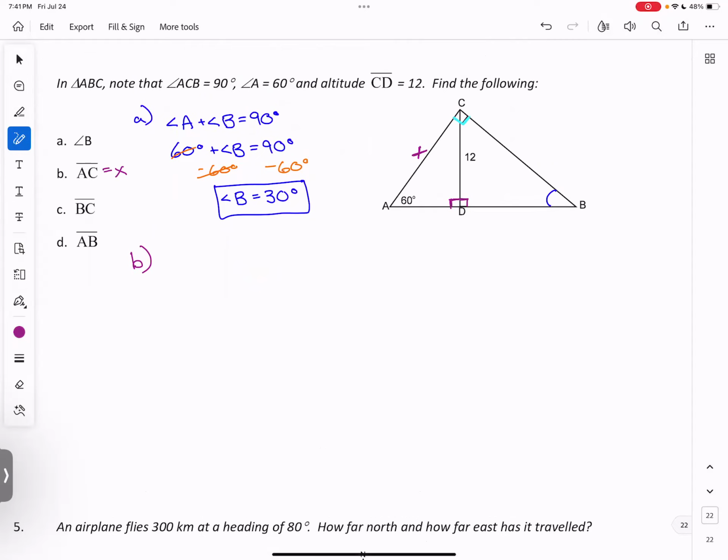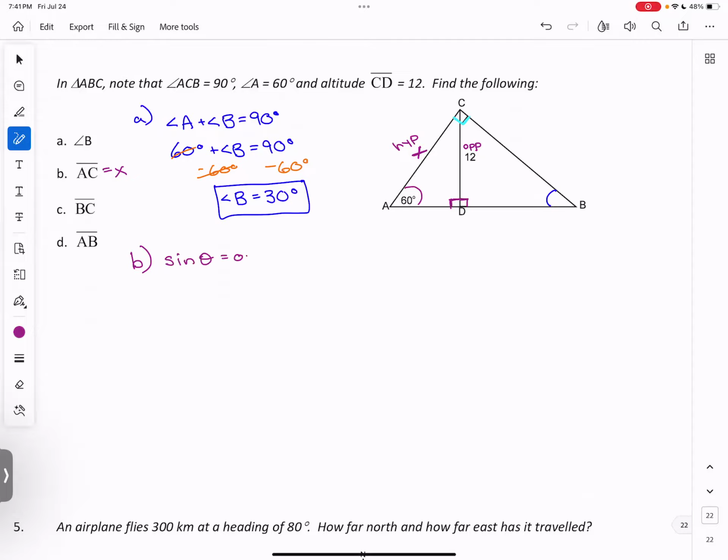So if we consider the smaller right triangle on the left, we can think about the 60 degrees here. Relative to that 60 degrees, the 12 is my opposite side, and the x I'm trying to find is my hypotenuse. So let's use a ratio involving opposite and hypotenuse, which is sine.